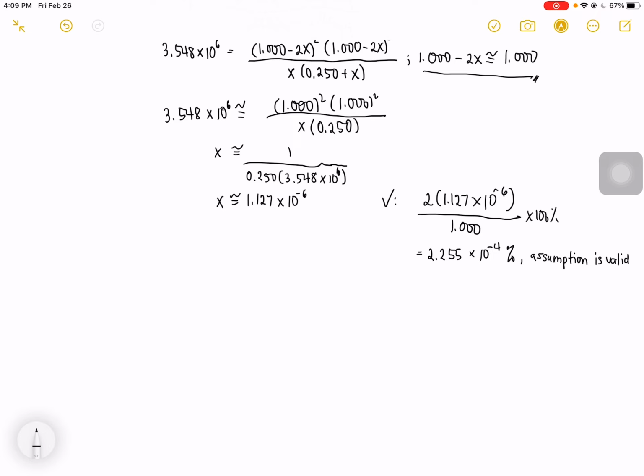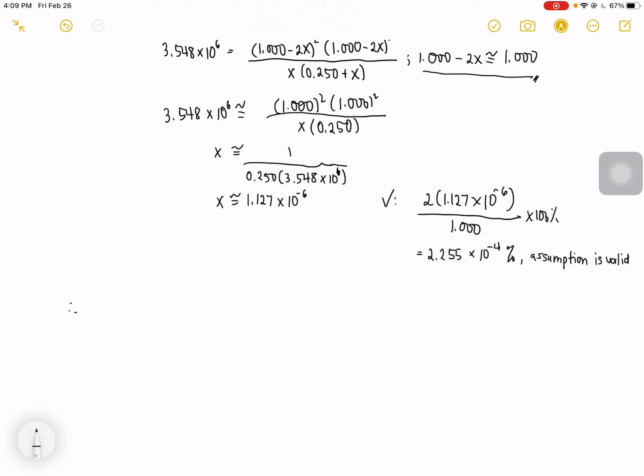So since the value of x is going to be very close to the actual value, we can now compute for the partial pressure of methane at equilibrium using the value of x that we have obtained here.